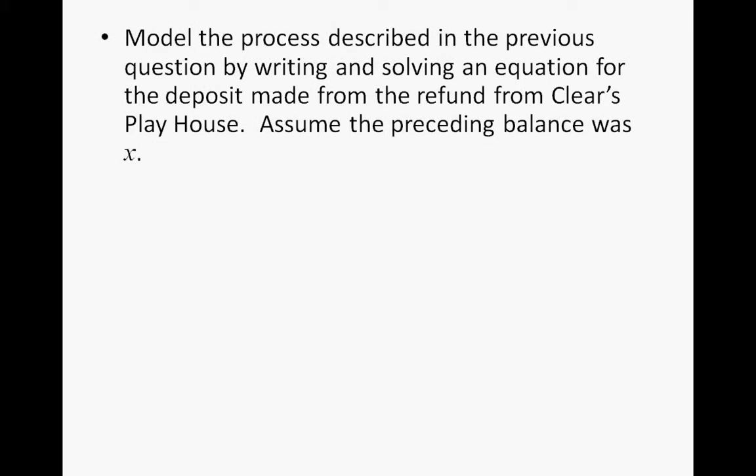Model the process described in the previous question by writing and solving an equation for the deposit made from the refund of Clear's Playhouse, assuming the preceding balance was X. Well, if you are doing a refund, it'd be X plus 150 equals $591.03.